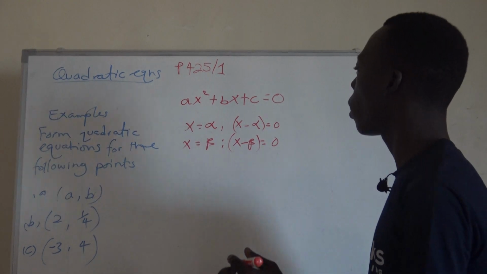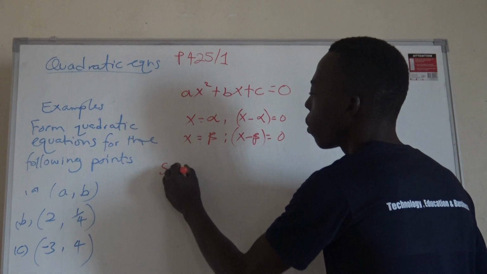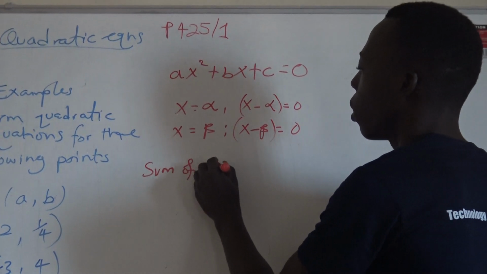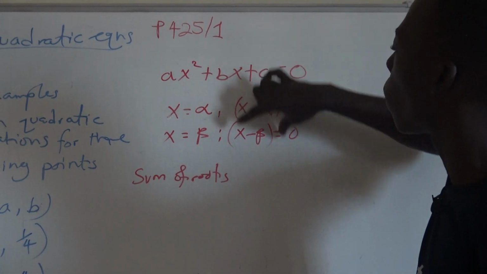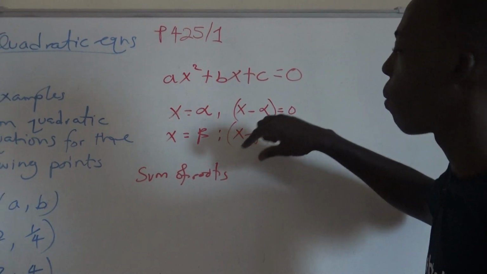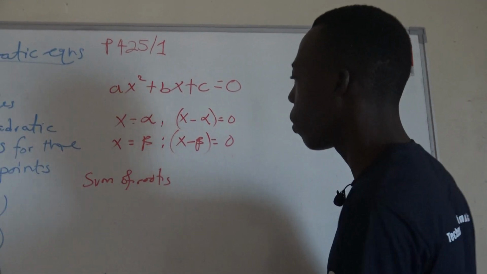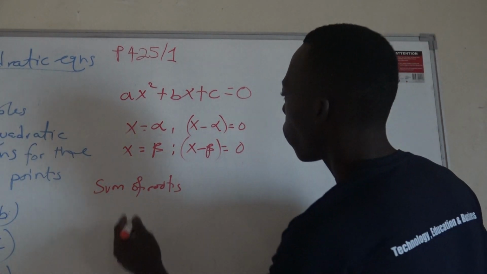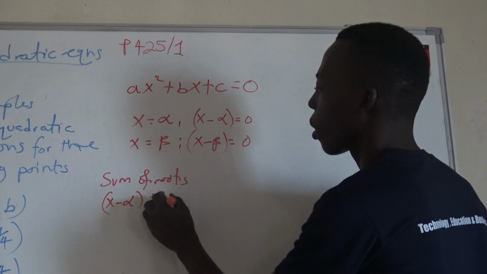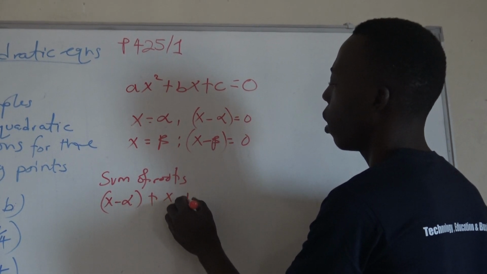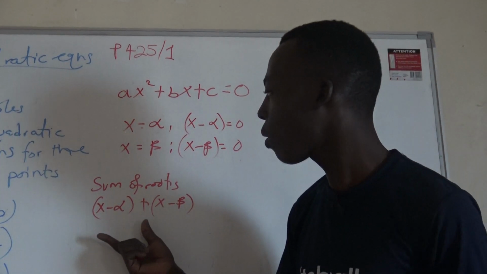Then you must have first the sum of roots. To get the sum of roots, you just add up the points which you have. Like for that case, we have x minus alpha and x minus beta. So the sum of roots will be x minus alpha, plus x minus beta.